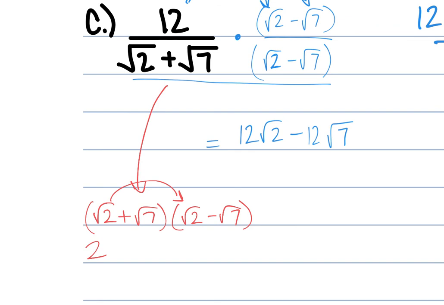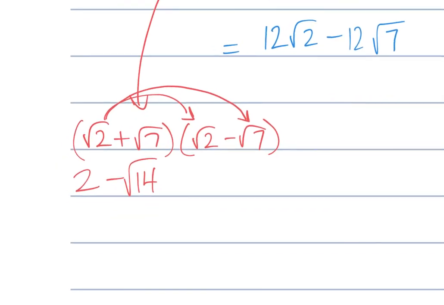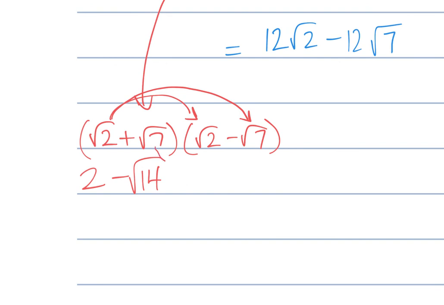And then the square root of 2 times the square root of 7. Yes, it is, but it's going to be negative the square root of 14. And then you times the square root of 7 times the square root of 2, which is going to be plus the square root of 14.